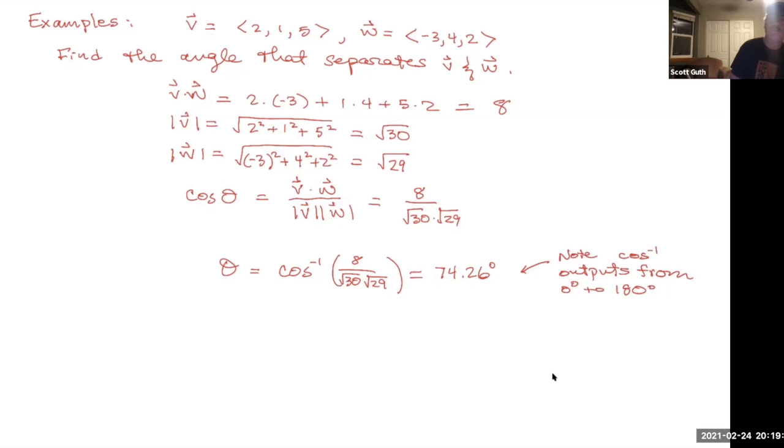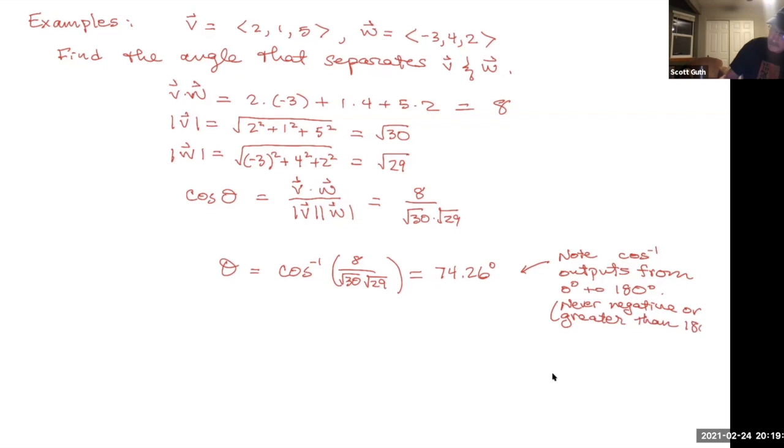So the angle between two vectors is always acute or obtuse, I guess you should say. It's never bigger than 180. Okay, so it's never negative, or greater than 180. Which kind of makes sense to me.